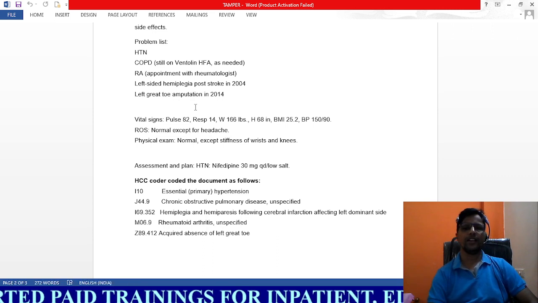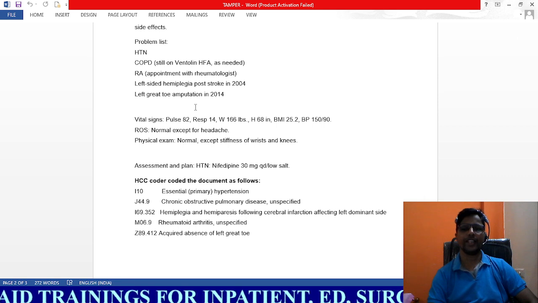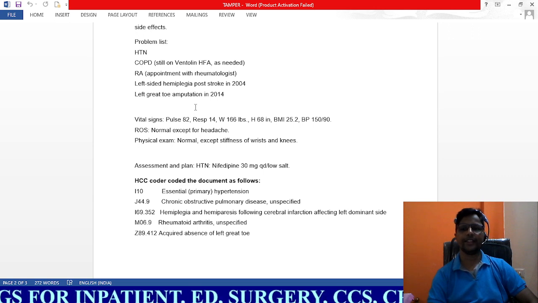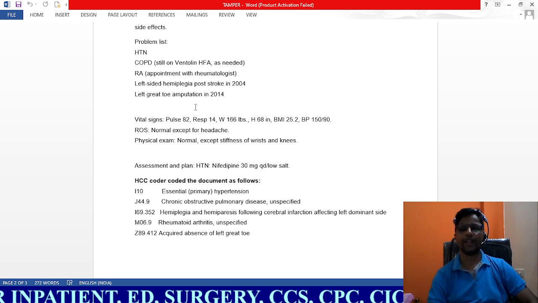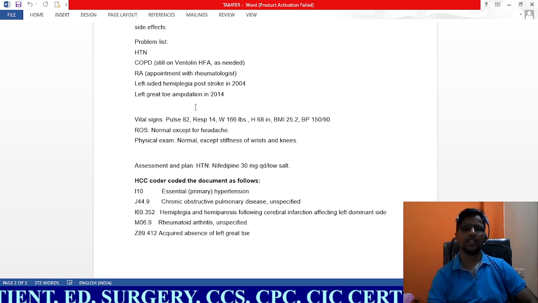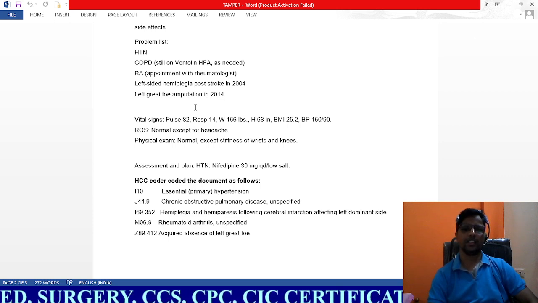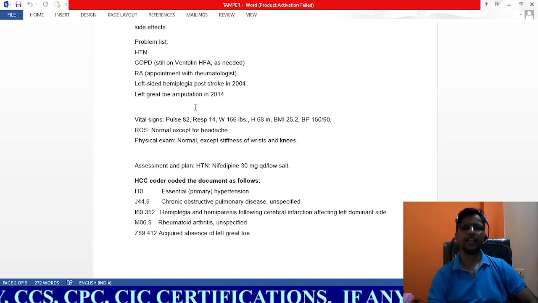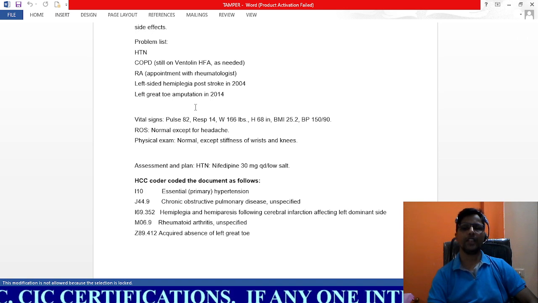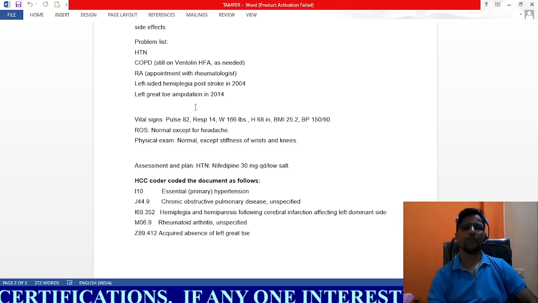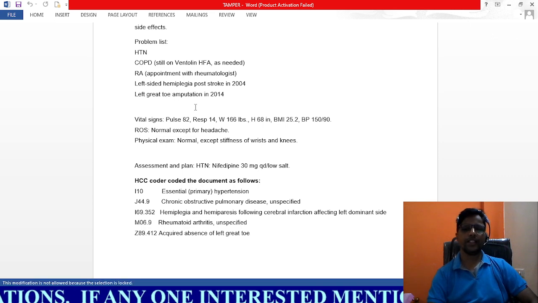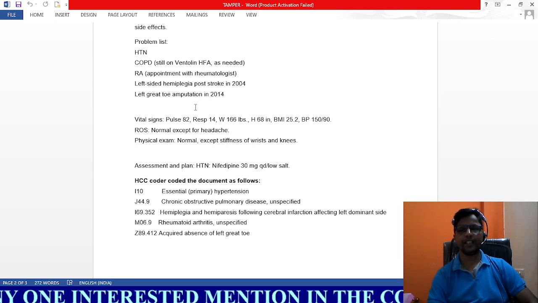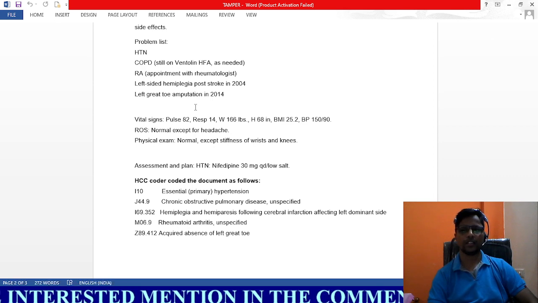Pulse 82, respiration 14, weight 166, and height 68 inches, BMI 25.2, BP 150 over 90. ROS normal except for headache. Physical exam normal except stiffness of wrist and knees. As the patient has rheumatoid arthritis, he is going to follow up with his rheumatologist tomorrow. In this documentation, the assessment plan is hypertension, nifedipine 30 milligrams QD, low salt.